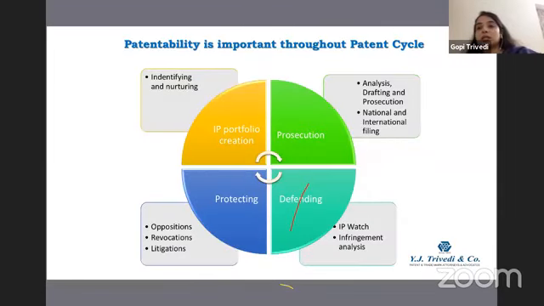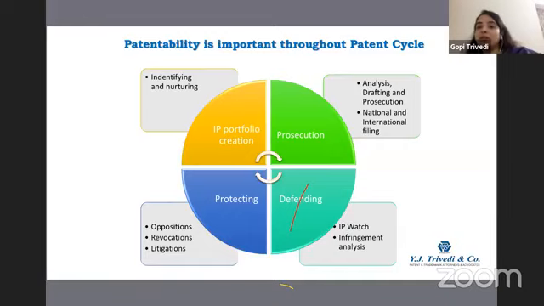Now this is what we call a patent cycle, from my first point, identifying and nurturing the IP or patent portfolio, to its protection and defending. At every stage, what shall help me throughout is patentability.